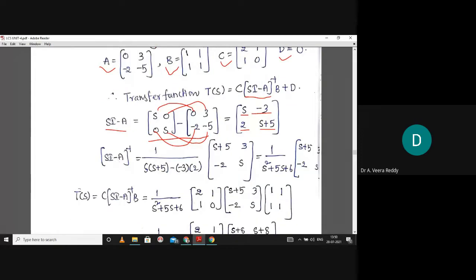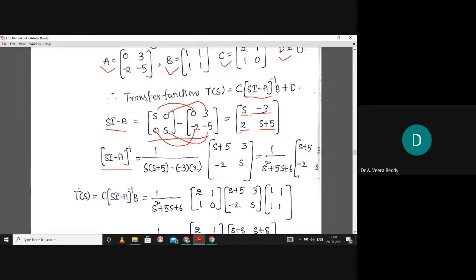Next we have to find (sI - A)^-1. Here sI - A is a simple 2 by 2 matrix, so as we know, directly you can get 1/(AD - BC) times [D -B; -C A].